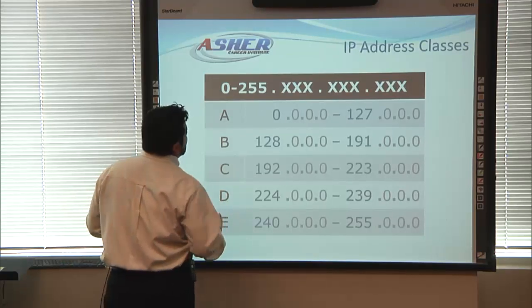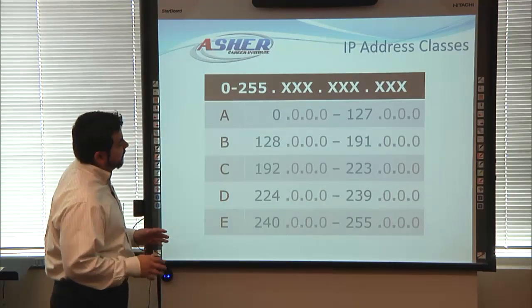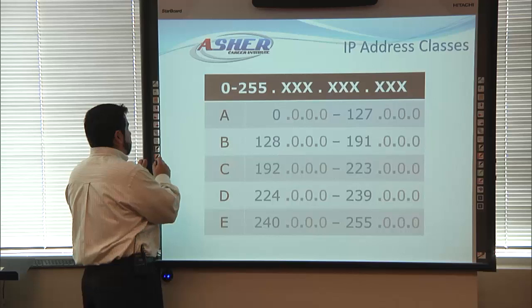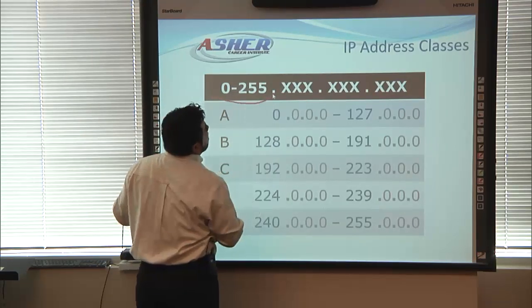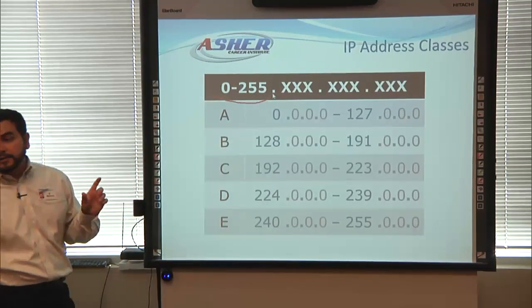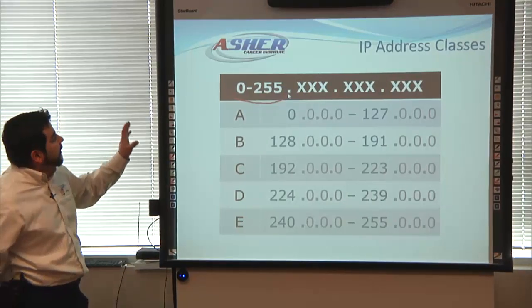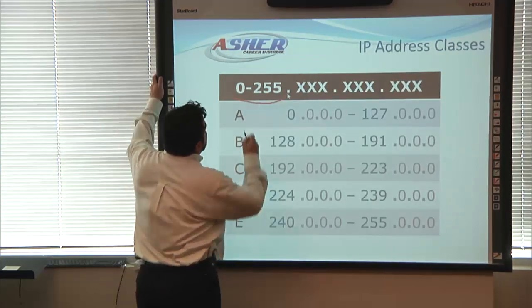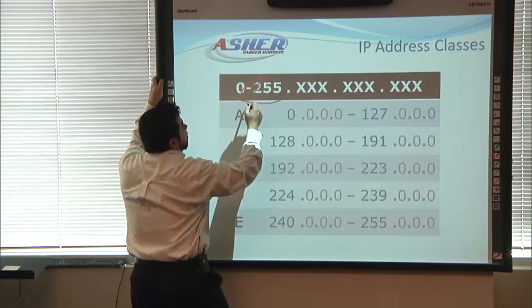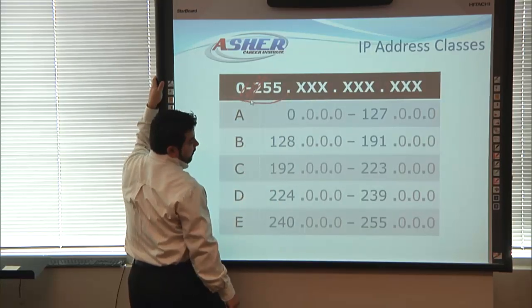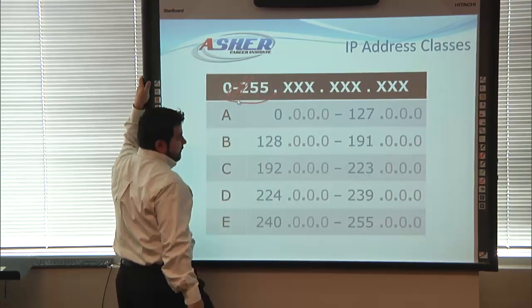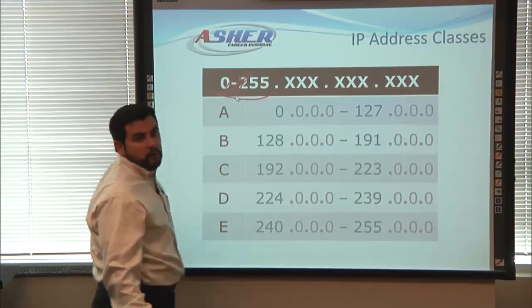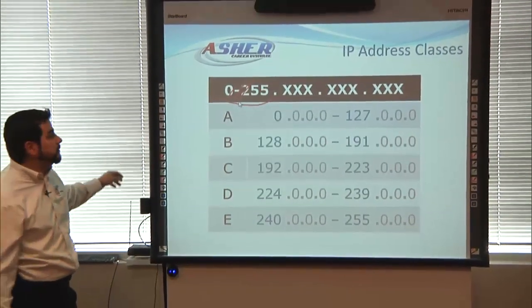But for simplicity, the easiest way to identify it is by the first octet, being that first number in the first set of decimals. If you take that number and divide 0 through 255 into these sections here, you get your 5 classes. This is the easiest way to figure out what class an IP address is.